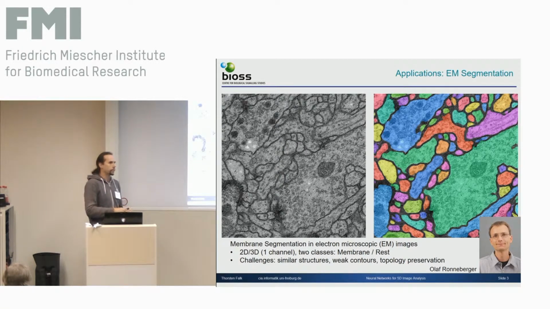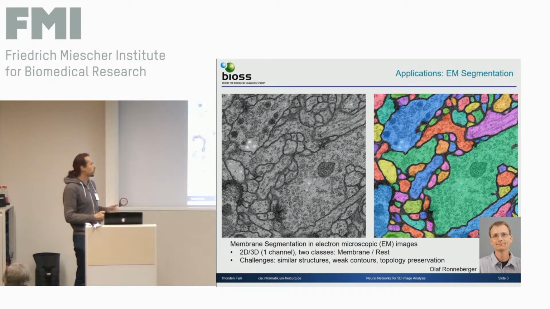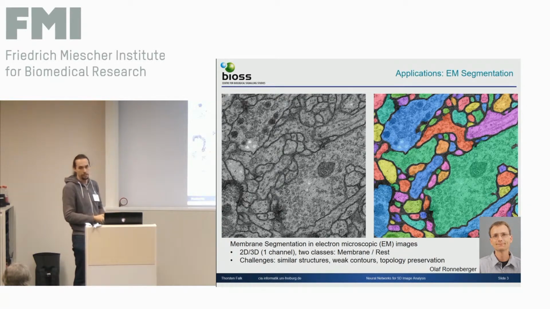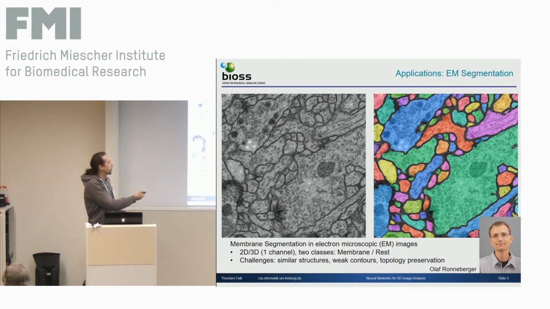If you look at the whole stack, well, it was not a well-aligned stack, so we had to align it manually. The connectomics is not really preserved. So we have to take care that if only one of these lines is broken, then everything is messed up. And neural networks are pixel-based, so they don't care whether this is the same as this. They just care if this pixel is correctly classified.